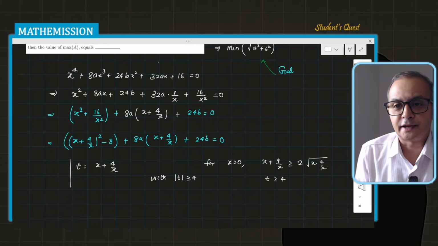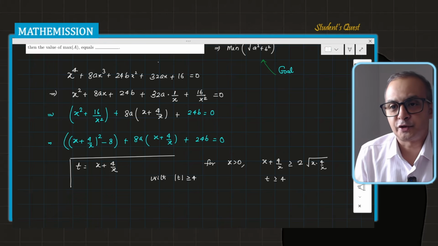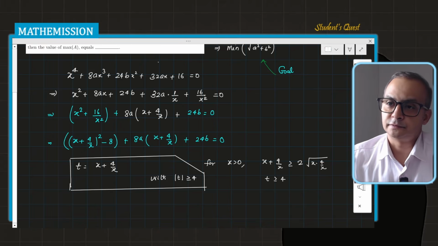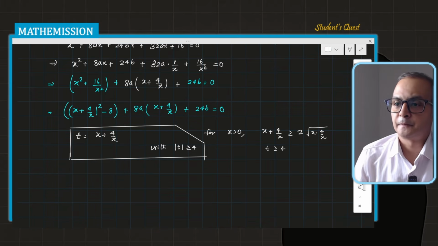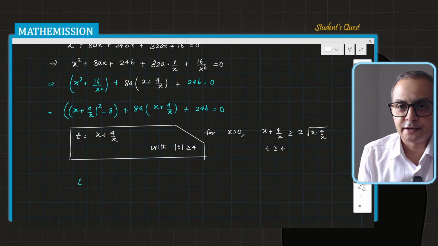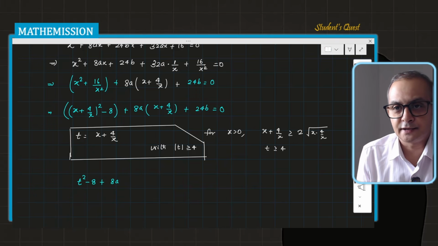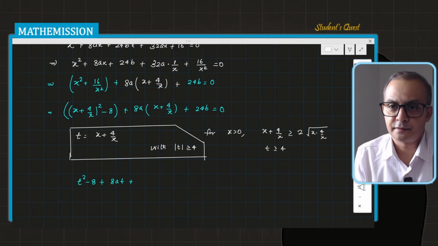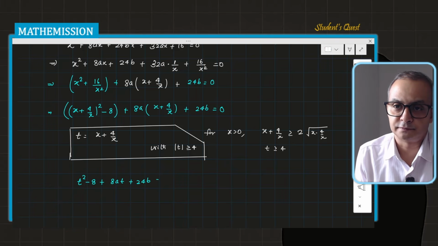I have to keep this in mind whenever I'm dealing with the quadratic I want to make. So here I got the quadratic t squared plus 8a t plus 24b minus 8 is equal to 0.